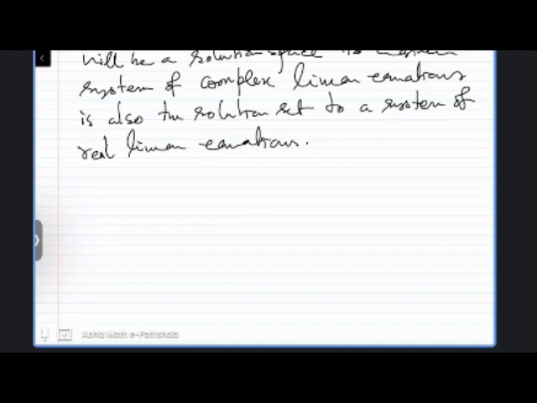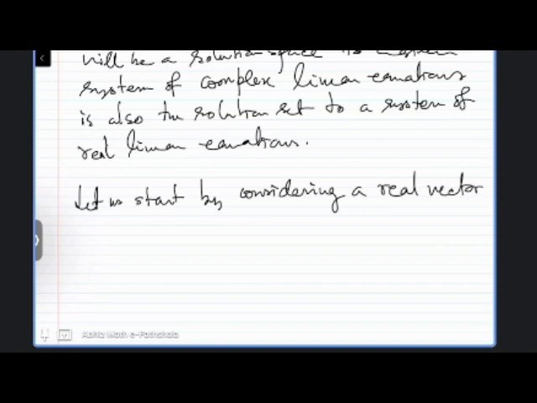Let us start by considering a real vector space. Suppose V is a vector space over the field of reals.